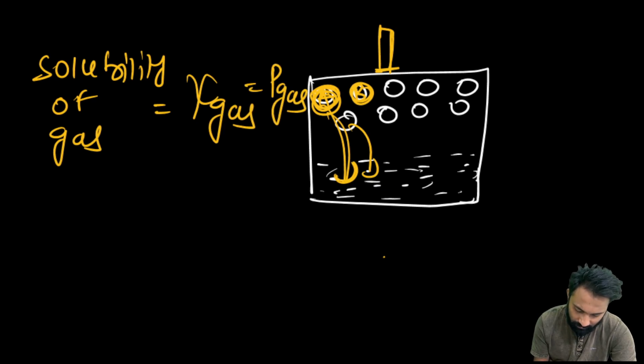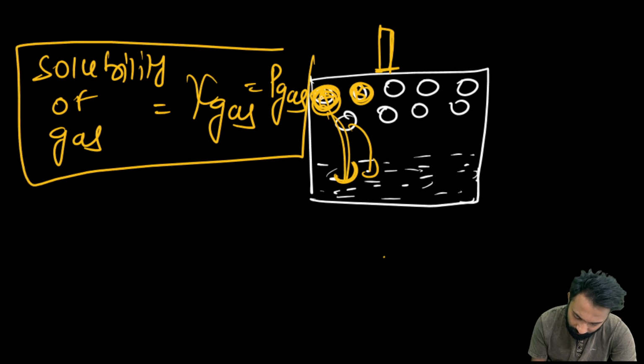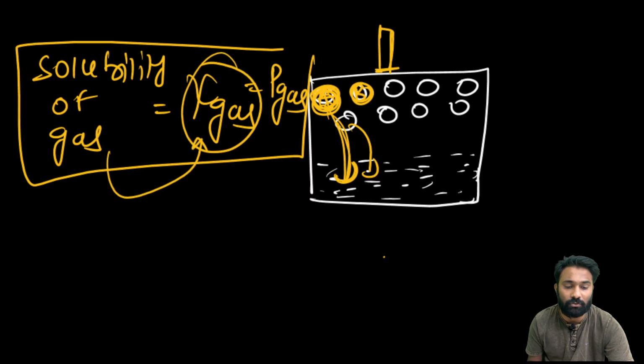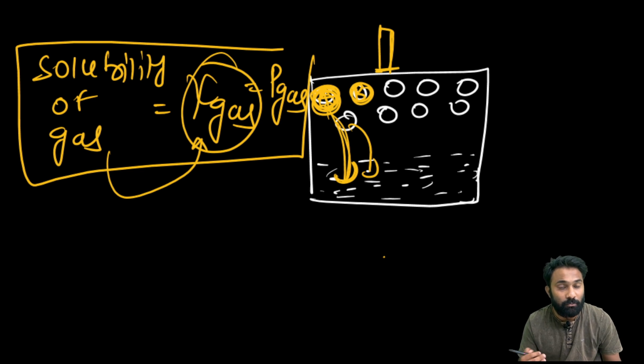If the gas partial pressure is high, more will be soluble, and I get to know it by the mole fraction. If the mole fraction of the gas is high, more of it will be soluble. That is what has been stated by Henry's law.